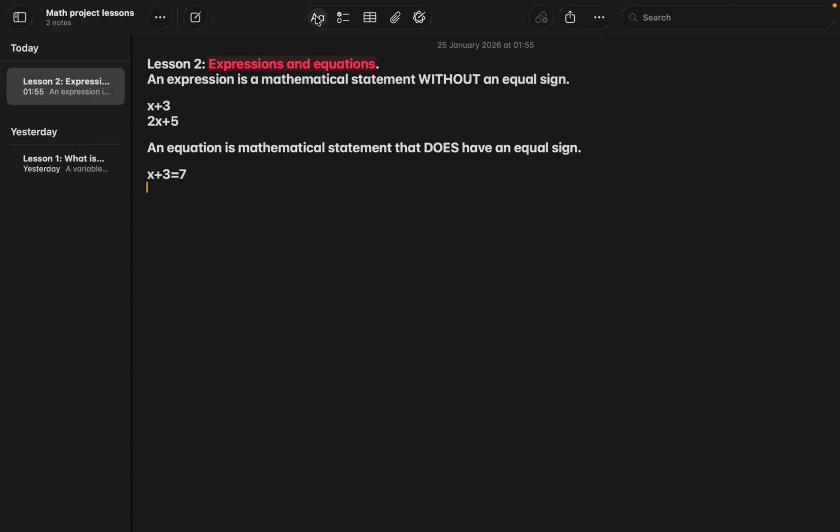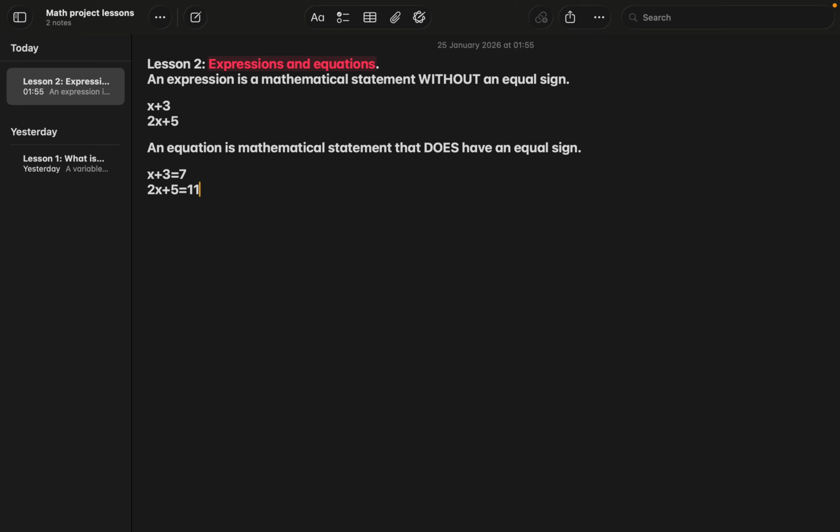And it becomes an equation. So let's say 2x plus 5 equals 11. This is also an equation. We are asked to find the value of x that makes the statement true.